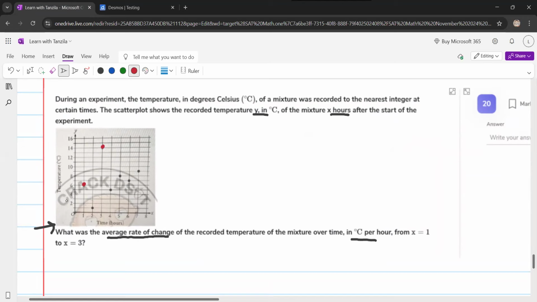Rate of change: how much change happened? We went from 6 to 14. So the change is 14 minus 6, which is 8. An 8-degree temperature rise.